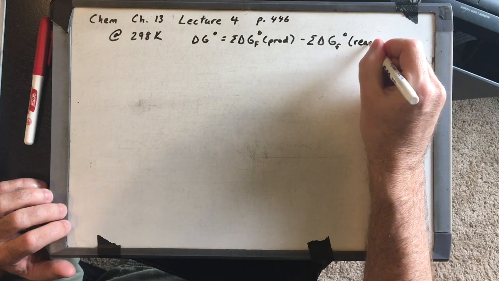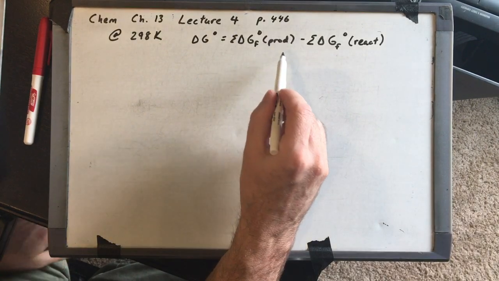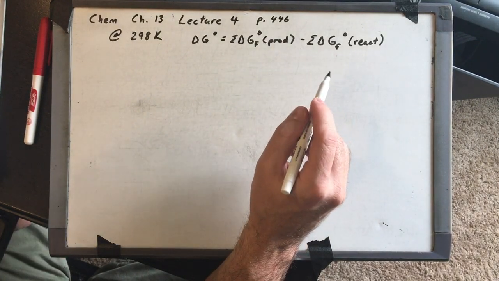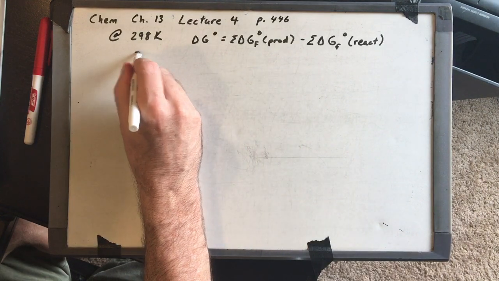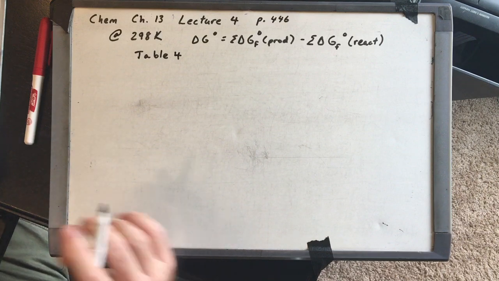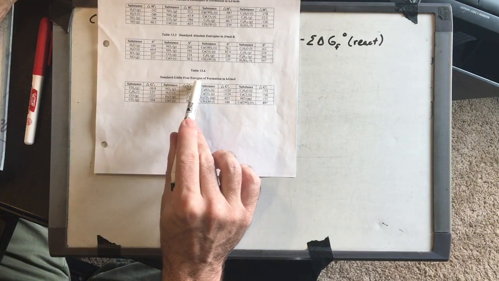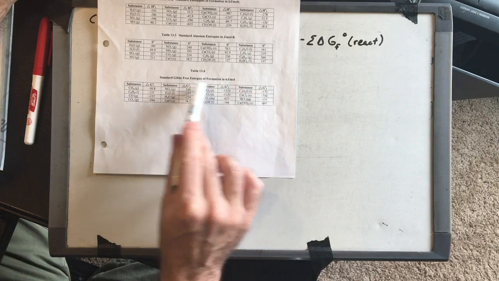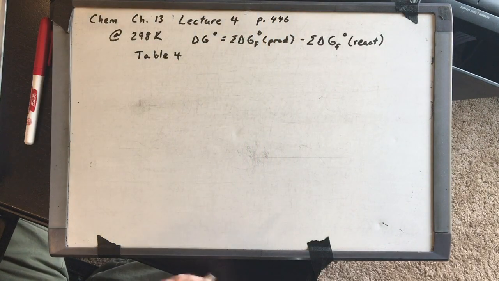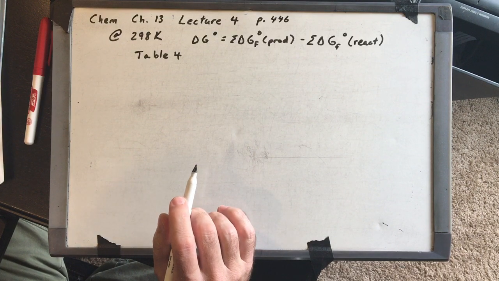It's just like the enthalpy and the entropy equation. You just add up the products and subtract out the reactants and use the table. We're going to be using table 4 on your sheet. Just look at the title: standard Gibbs free energies of formation in kilojoules per mole. So if you're in a Gibbs free energy problem, use table 4.